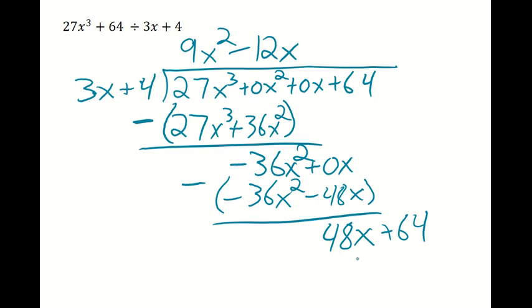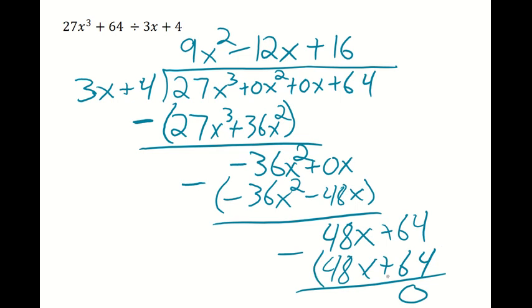We take the first term again, so 48x divided by 3x. So we end up with 16. So we take that 16, that piece of the quotient, multiply it by our entire divisor. And here we have another remainder of 0.